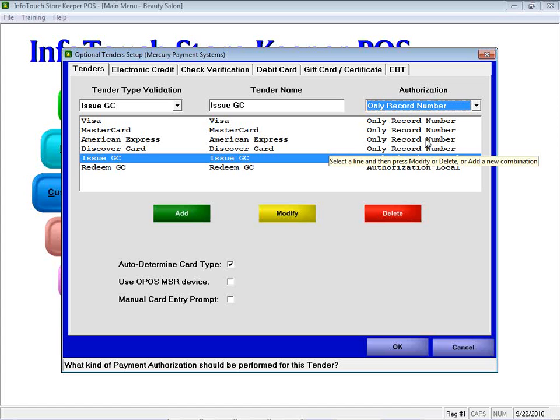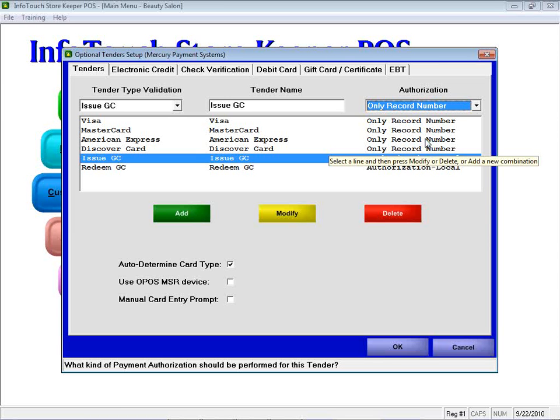You can have an option for only record number, and what that means is we'll prompt you for the gift certificate number, but we're not actually going to track it. We'll just accept it. So for example, if you're in a mall and that mall issues gift certificates that you don't know about but you're going to accept, you can go ahead and set it up to only record number.